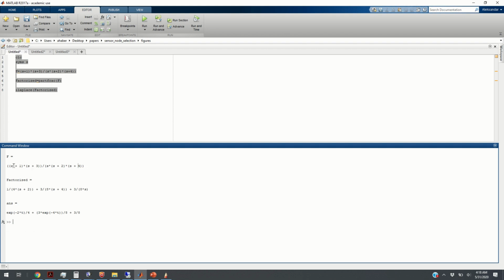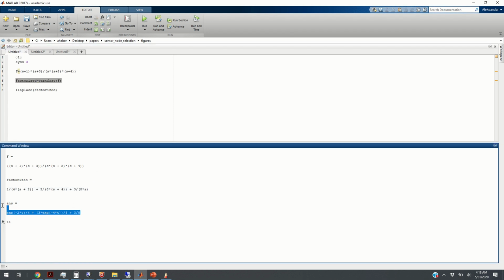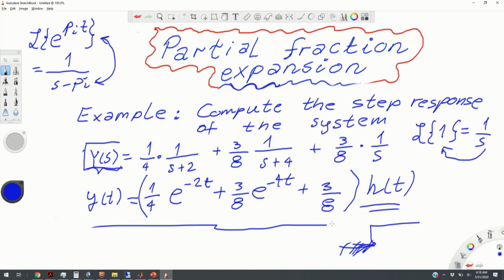We want to compute the inverse Laplace transform, or the step response, of such a system. Here is the factorization, computed by using the function partfrac. And here's our expression. We obtain 1/4 e to the minus 2t, 3/8 e to the minus 4t, plus 3/8. And this is exactly what we obtained over here.